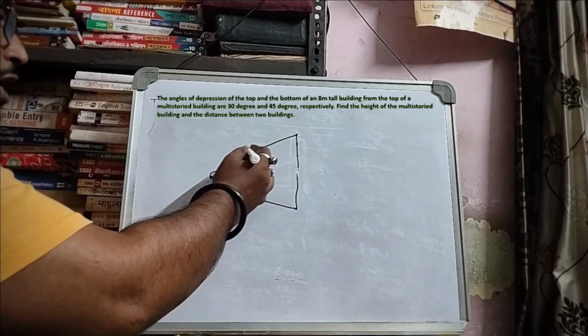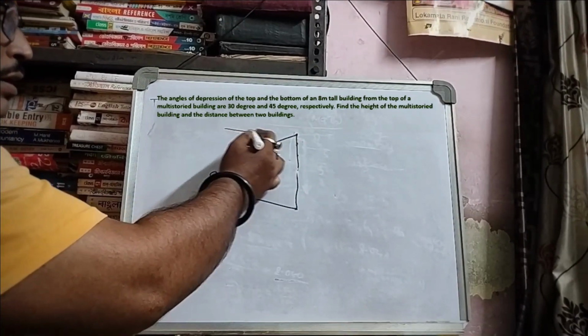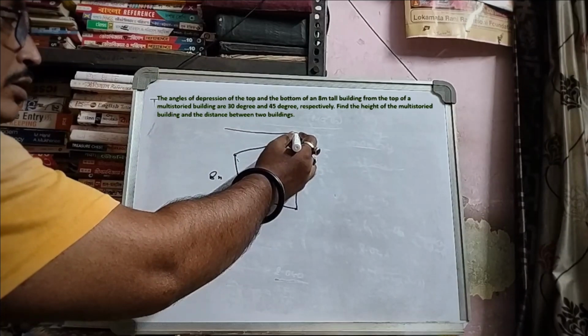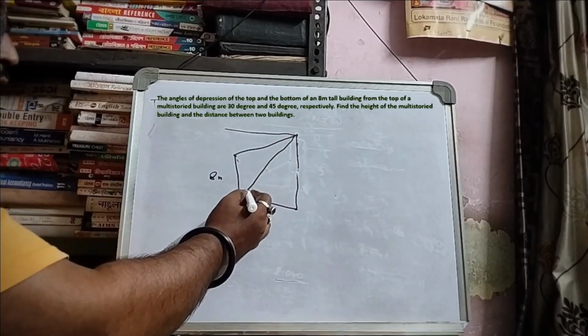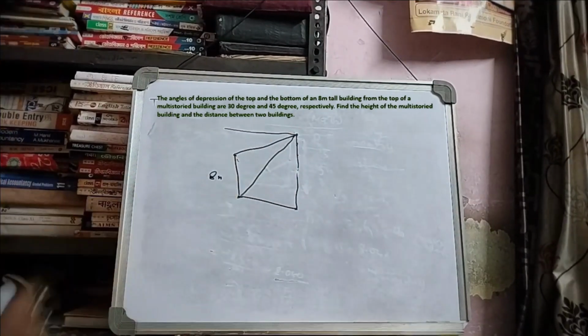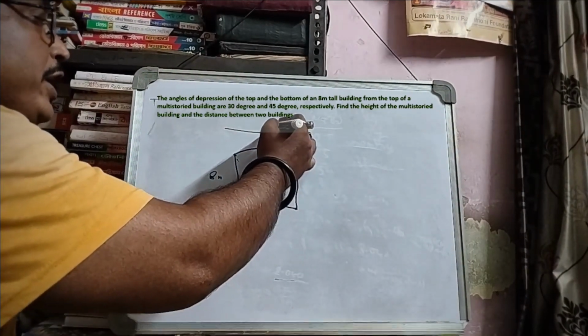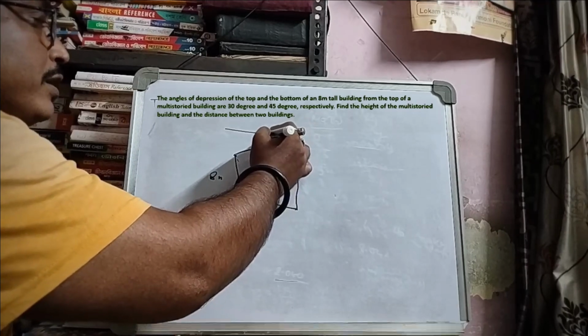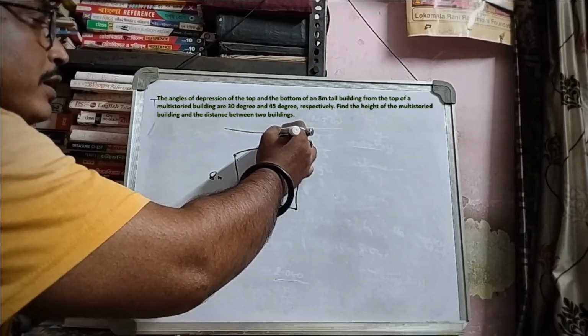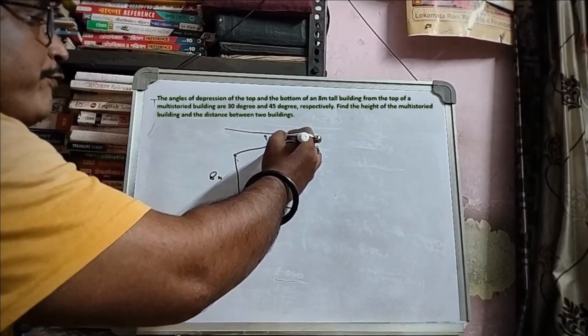Angle of depression on the top and the bottom, 30 degree and 45 degree.